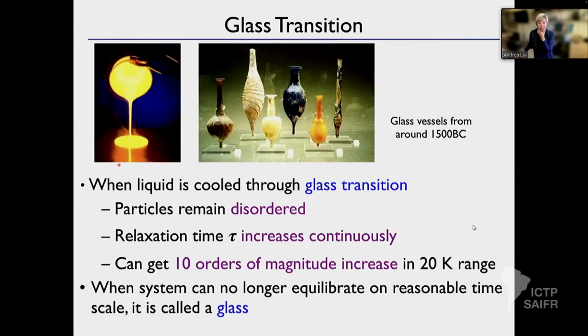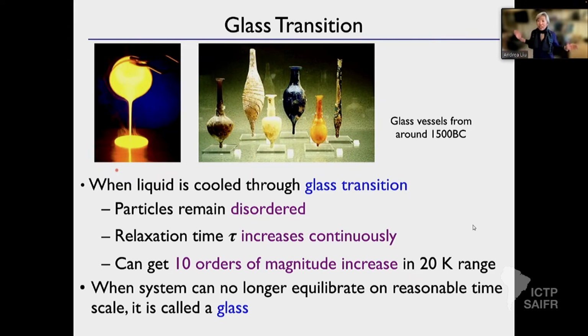But the glass transition is different because the particles remain disordered. And as you cool the system, the relaxation time just increases continuously. There's never any jump. And not only does it increase continuously, but extremely rapidly. It's not uncommon to get 10 orders of magnitude increase in the relaxation time in just tens of Kelvin.